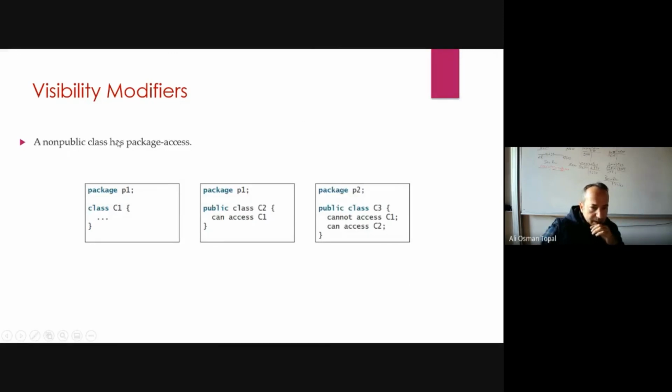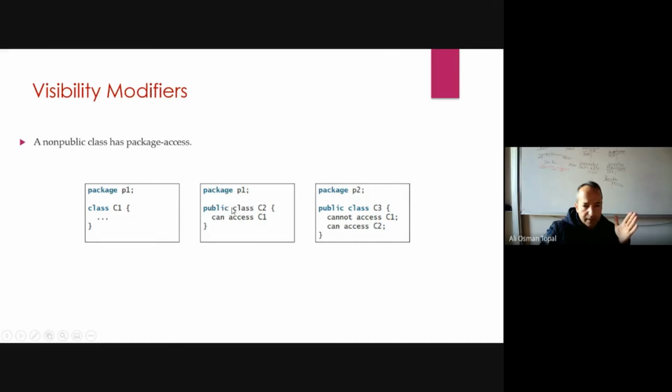So a non-public class has package access. Package P1 has class C1. Package P1 public class C2 can access C1. Package P2 public class C3 cannot access C1, but can access C2. Why? Because this is a public class. You remember, I didn't put anything at the beginning of the class.